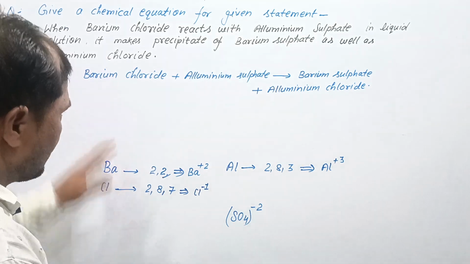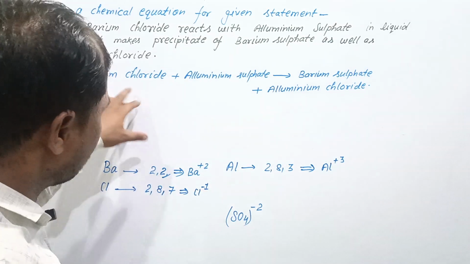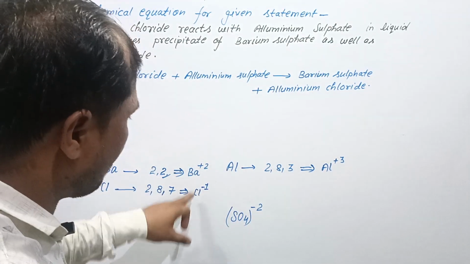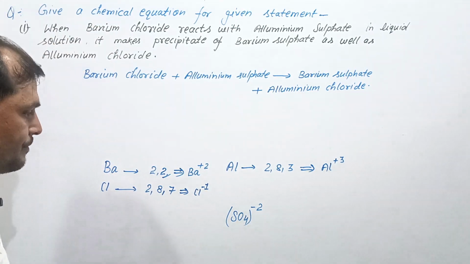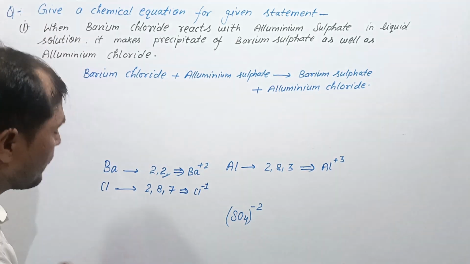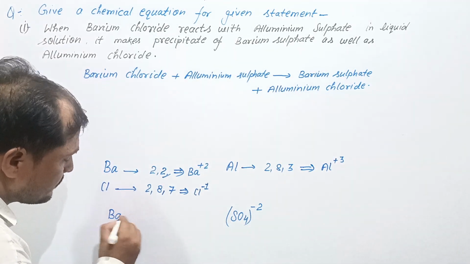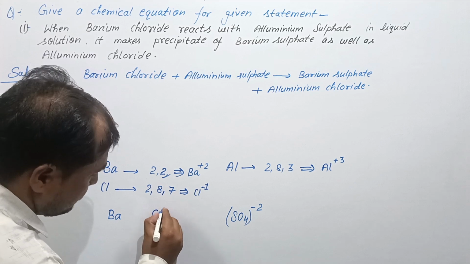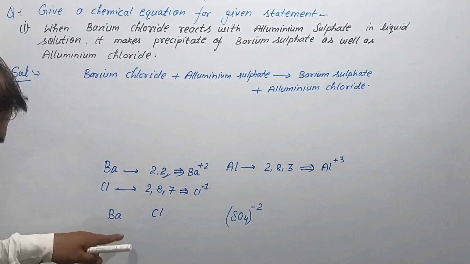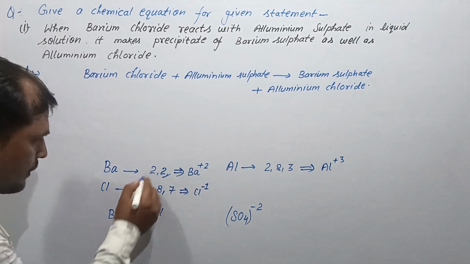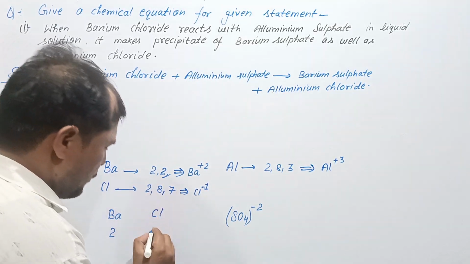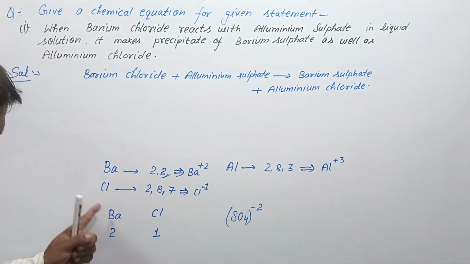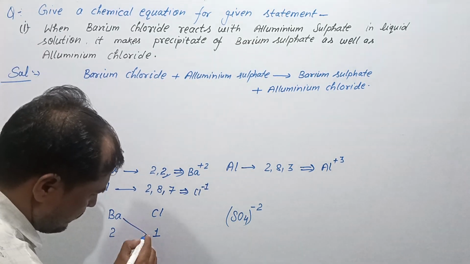But now we attempt to write this chemical equation in the form of symbols of elements. Let us start. Barium, chlorine. Write the valency of barium, 2, and the valency of Cl, 1.